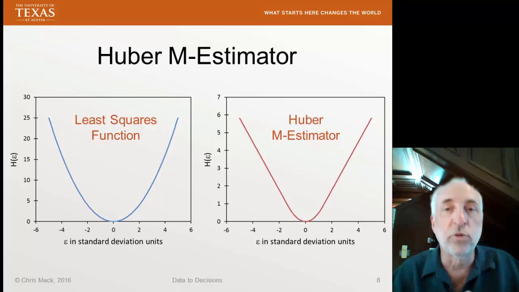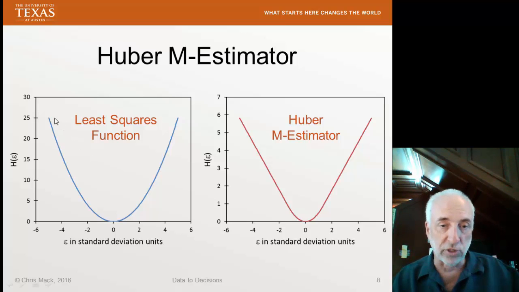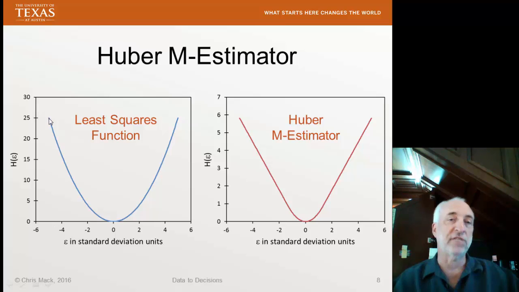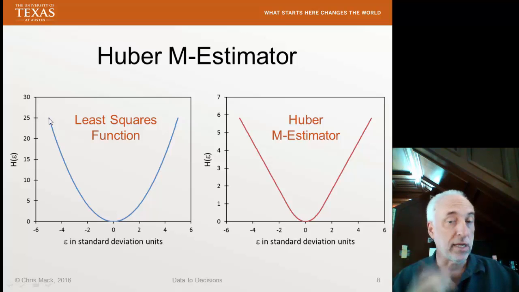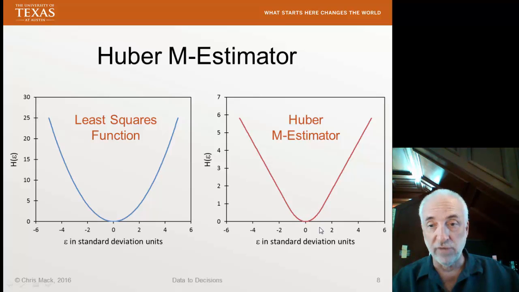All right, let's look at this M-estimator. The least squares function is simply the residual squared. So here's the residual in units of standard deviation. Here's the residual squared. All right, so if I'm 5 standard deviations away, I'm weighting the sum 25 standard deviations when adding them up. The Huber M-estimator, on the other hand, looks like residual squared out to about 1.4 standard deviations away.